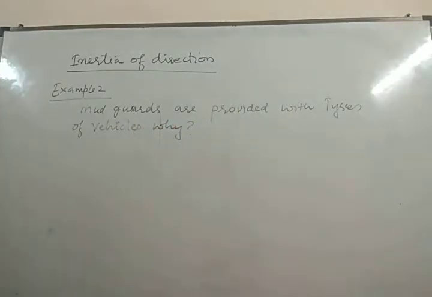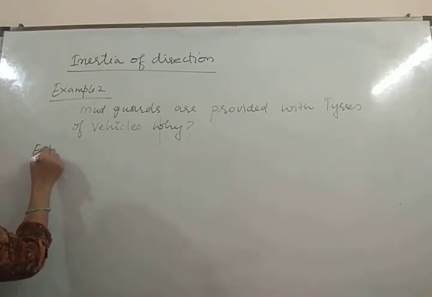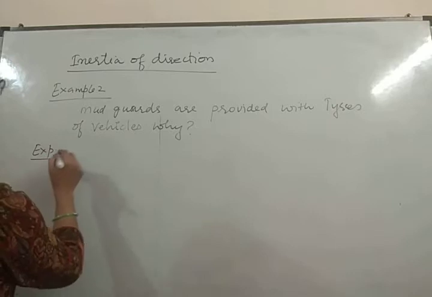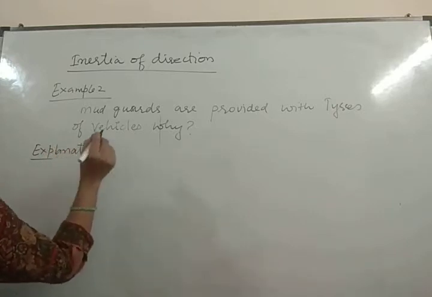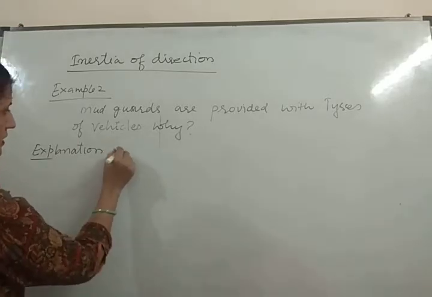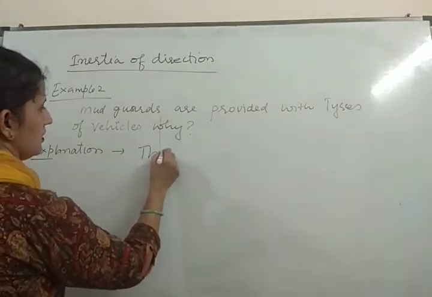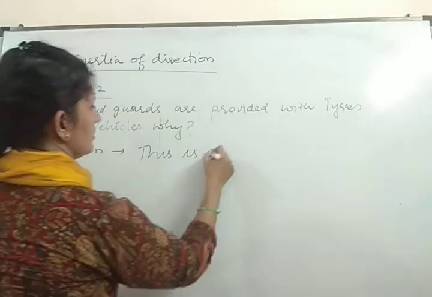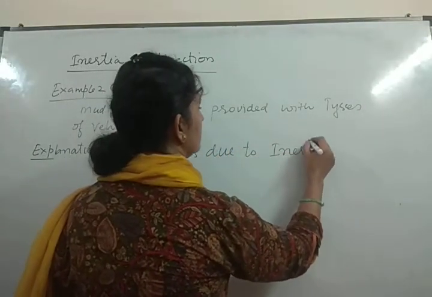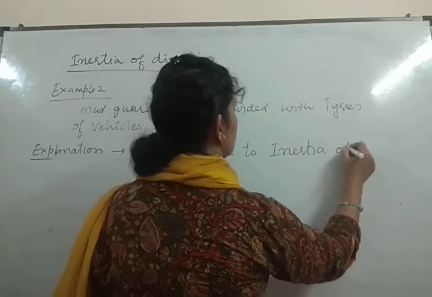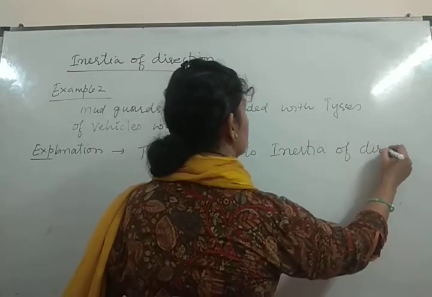Why is this so? We will write the explanation. First of all, you have to write the first line. This is most important: this is due to inertia of direction.